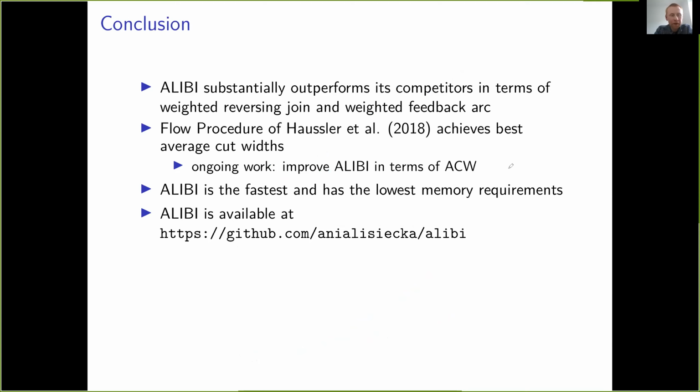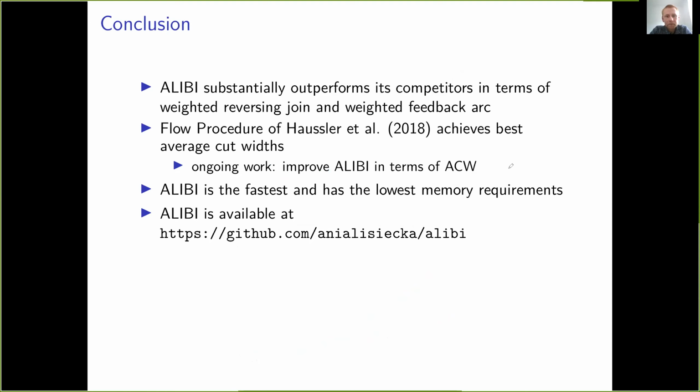So to conclude, our algorithm ALIBI substantially outperforms its competitors in terms of weighted reversing joins and weighted feedback arcs, and is fastest and has the lowest memory requirements.